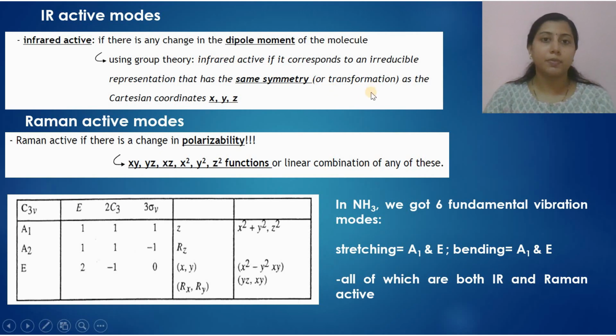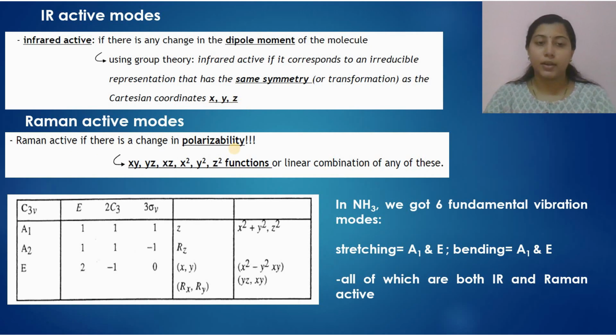If an irreducible representation has the same symmetry as the Cartesian coordinates x, y or z, then that mode will be IR active. Similarly, for Raman activity, the selection rule is that vibrations must cause a change in the polarizability.